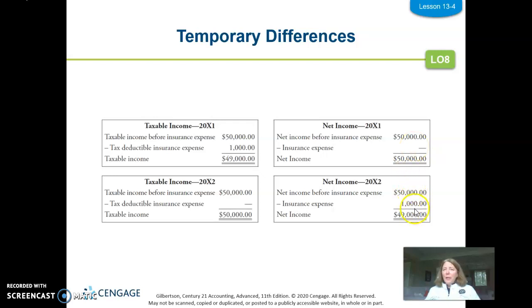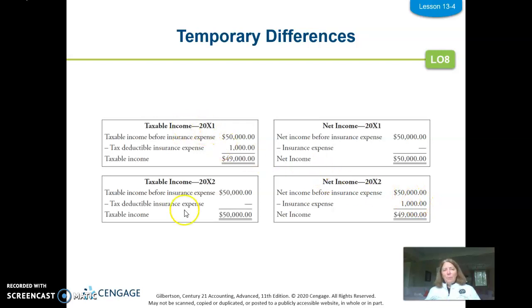Then as we utilize the insurance for book purposes, we do an adjusting entry to show what we use. So if it was for the whole next year, our expense, our cost was $1,000 in X2, even though we paid it in X1. All the expense would be recorded in the year in which we used the coverage.